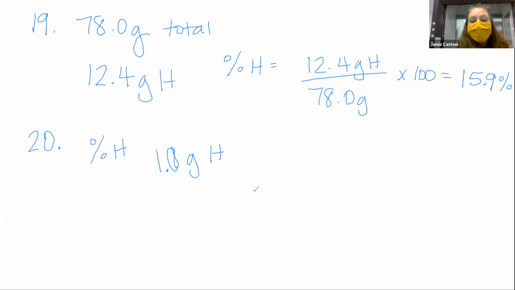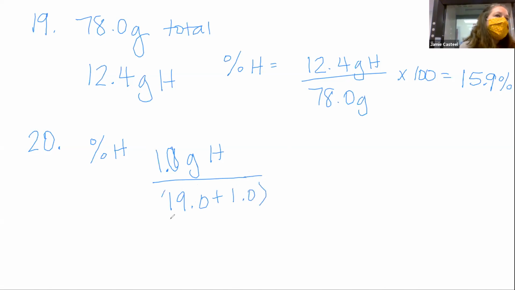So 1 gram of hydrogen over my total mass of my compound. Friends, what's the total mass of this compound? Not 19. That was how much fluorine there was. Read it again. 19 plus 1 equals 20.